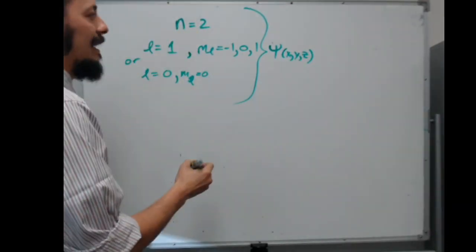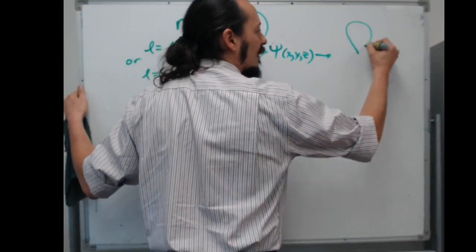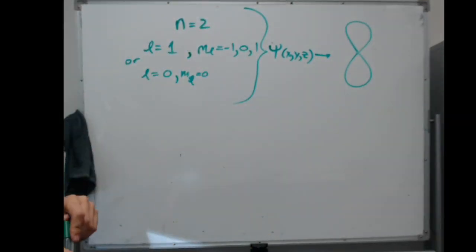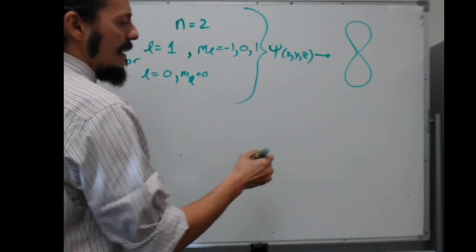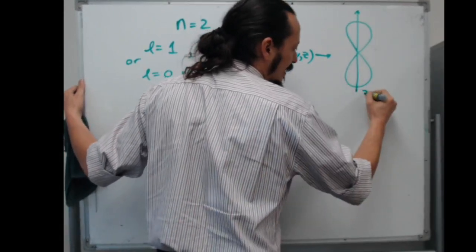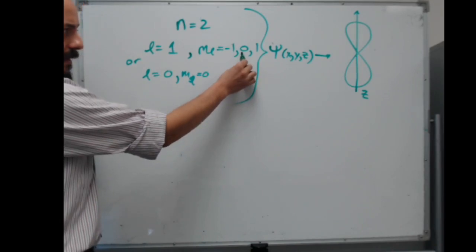Now this one gets a kind of interesting shape, but you end up with this thing that in my opinion, looks like two balloons attached to each other. Some people say it looks like a dumbbell, but it really looks like two balloons attached to each other. Now, if this is oriented along the z-axis, we'd say that this would be the 0 orientation.